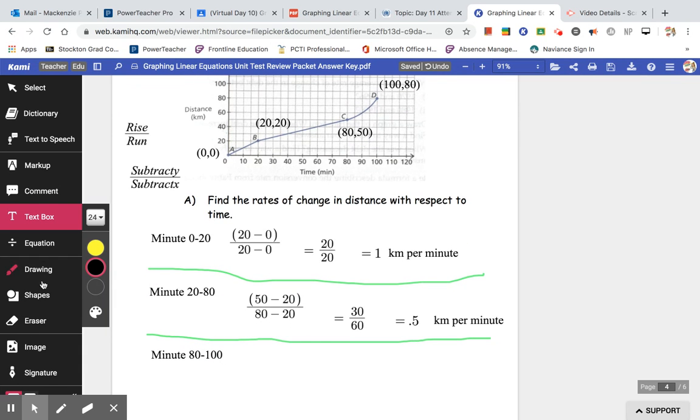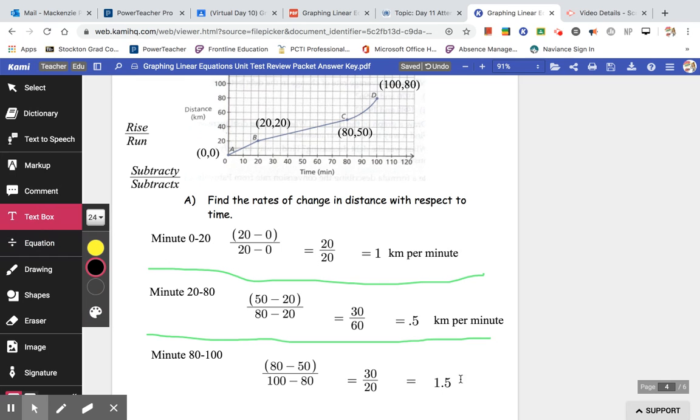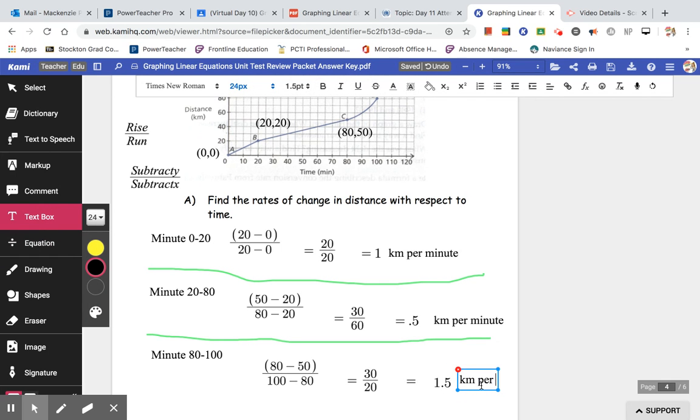So we're going to do that same subtracting. The y's are on top, so we have 80, because it's the second one, minus 50, over 100 minus 80. When I simplify that, we get 30 over 20, which when you divide that, we get 1.5, and our labels stay the same. It'll be kilometers per minute.